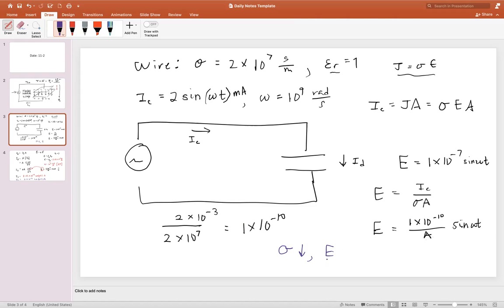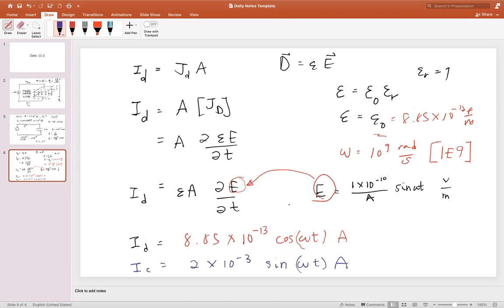Goes down. So let's see. Yeah, if we make the denominator a smaller number, this answer is going to be bigger. So if we have a less conductive wire, we'll have a larger electric field amplitude, which would result in a larger displacement current.